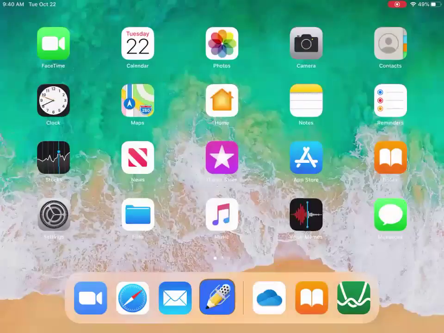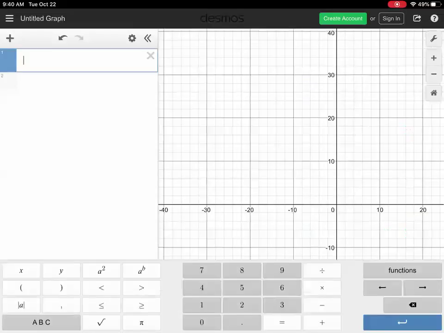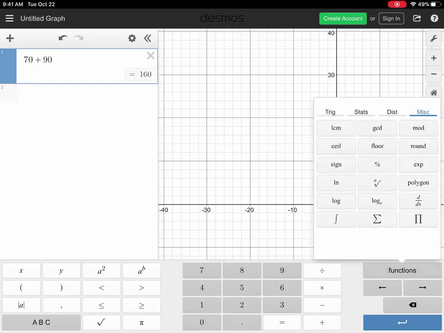So if we use Desmos, one thing, I had to use the exp function. Down in the bottom right you've got your functions. I'm going to plug in my 70 and then plus 90 and then times the functions. Over in the miscellaneous, there's exp.